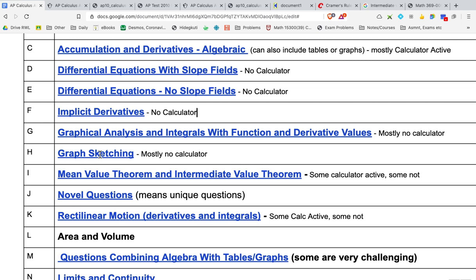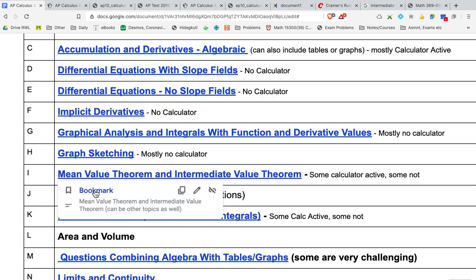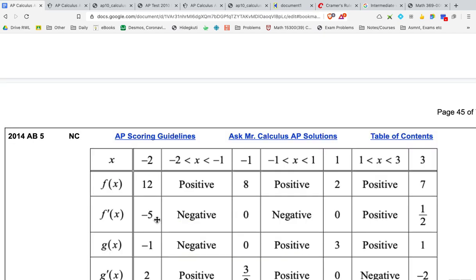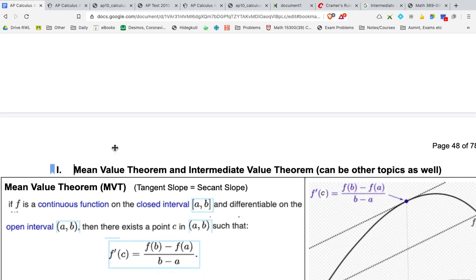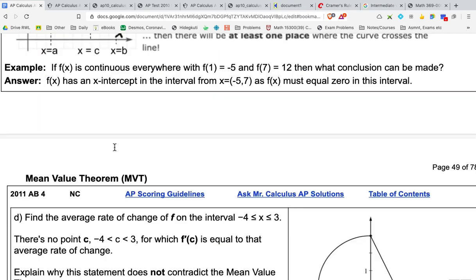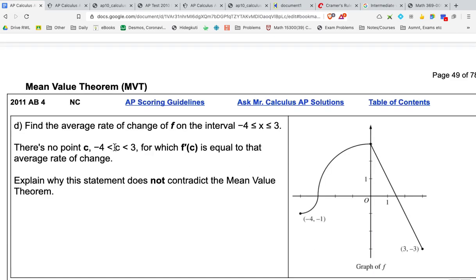Okay, folks. Something else to note is the mean value theorem. Sometimes I cut sections out. For example, with certain questions, only one part of the question has the mean value theorem. Here, this is the 2011 exam, question 4.